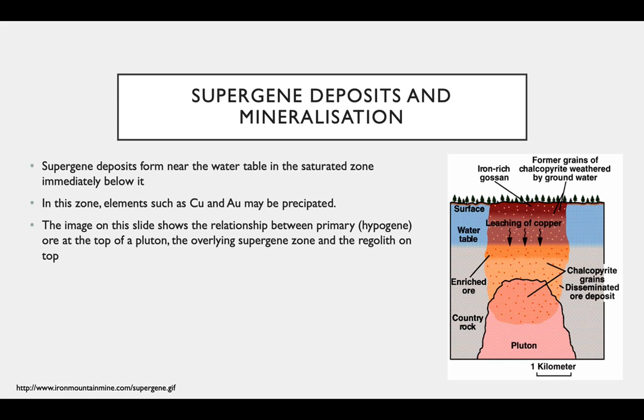So the supergene effect concentrates ore, particularly copper, maybe also gold, sometimes silver. And they can mine that initially, make money, and then move into the primary ore or the hypogene zone, which is probably copper as chalcopyrite or in the sulfides, whereas extraction costs are probably higher.